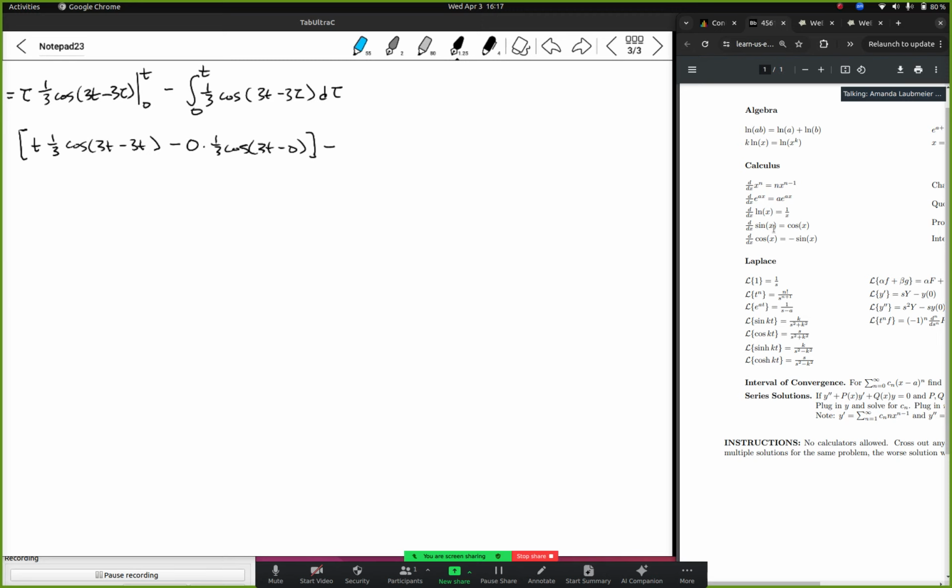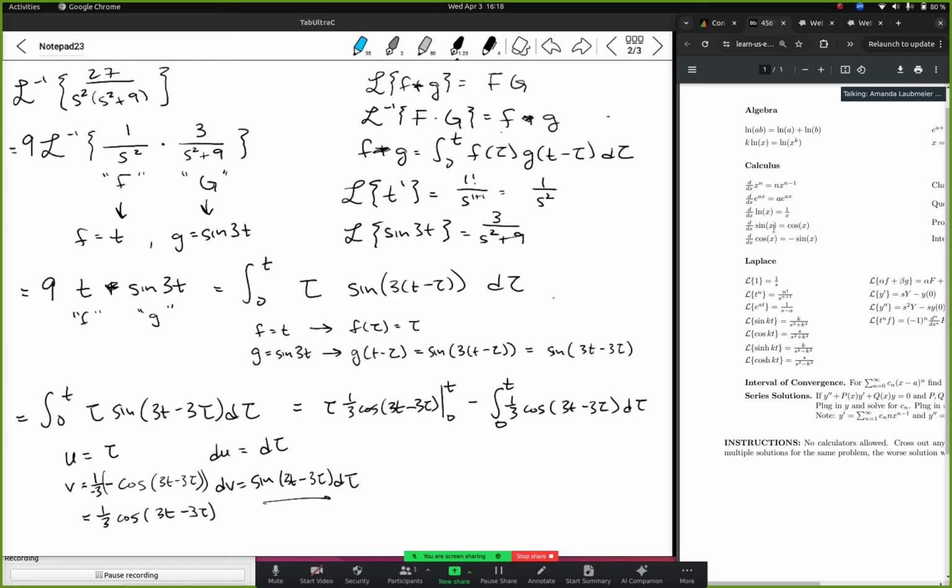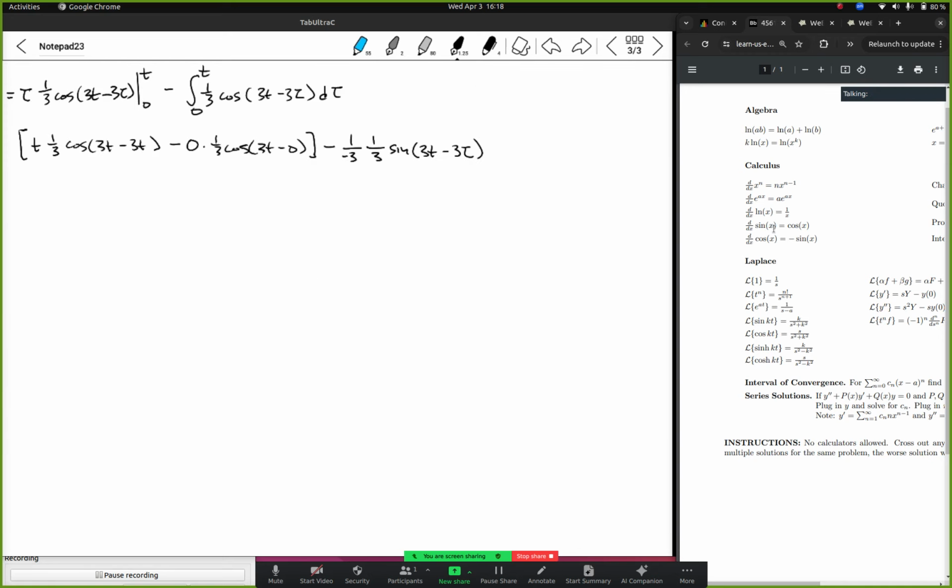Integrating cosine takes me to sine. And since I'm integrating with respect to tau, I again have to divide by negative 3, the same reasoning as when I integrated the sine. And that's going to be evaluated from 0 to t as well.